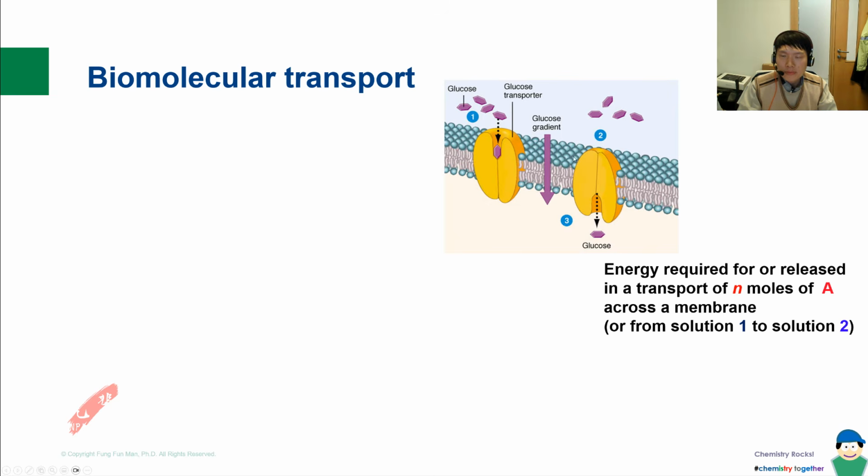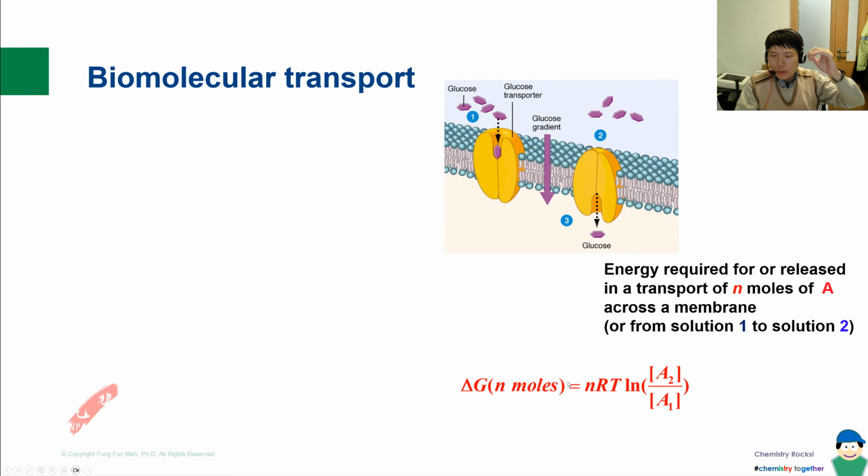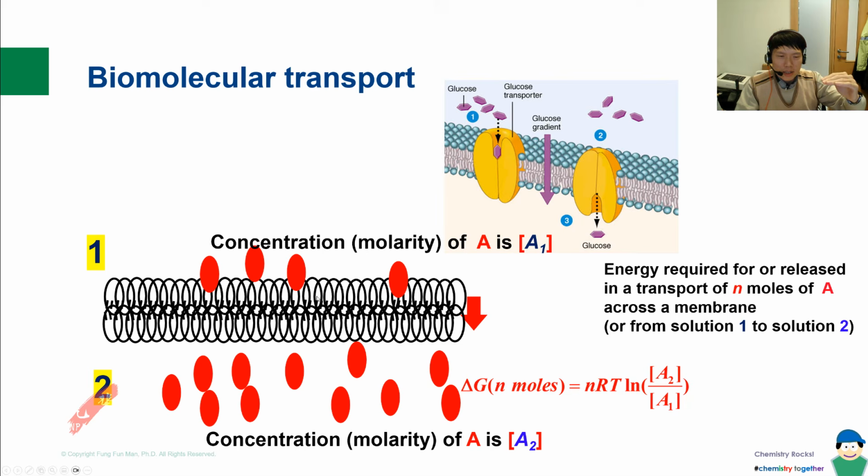Next, remember I said that you go from 1 inside the system, so from solution 1 to solution 2. When you incorporate the number of moles, the term becomes nRT, right? Let me expand it more. You are still having A, but A in site 1 to A in site 2, just different sites.